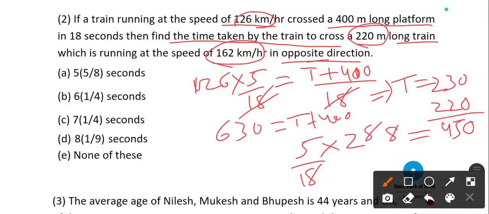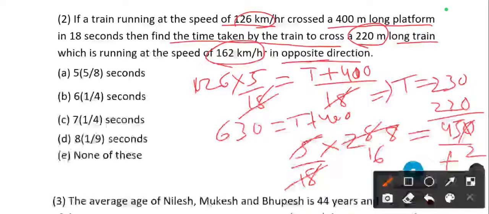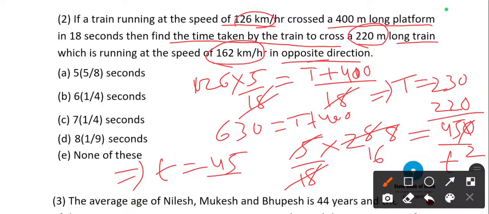So this is the speed, and time is distance by speed. So the time we have is 45 into 2 divided by 16.